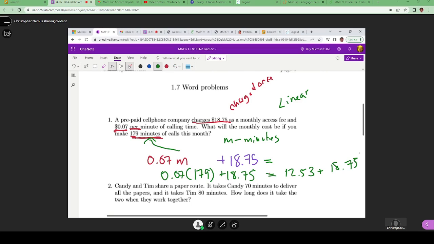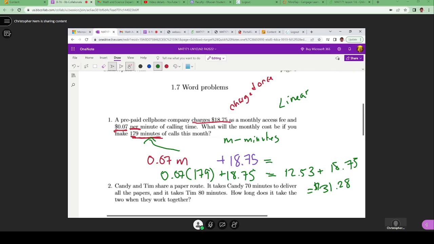So your flat rate is $18.75, and the price for the minutes is going to be $12.53 for 179 minutes. However, we need to combine them because the flat rate did happen. So in total, we're going to be charged $31.28.